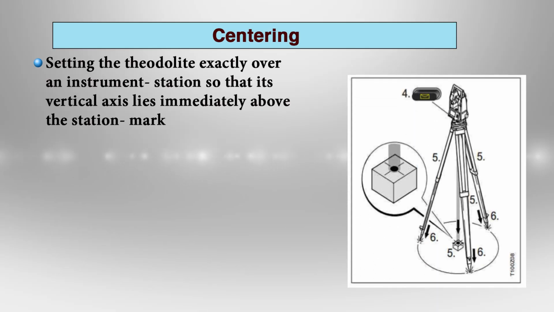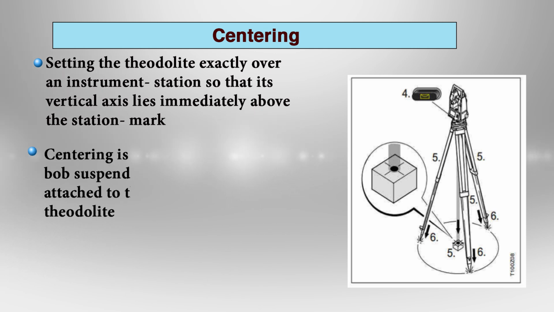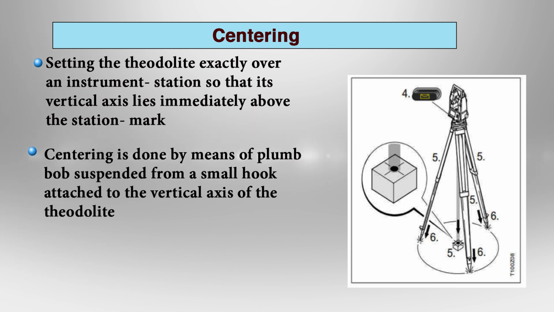Centering means setting up the theodolite exactly over the instrument station, so that its vertical axis lies immediately over the station mark. It can be done by means of a plumb bob suspended from the small hook attached to the vertical axis of the theodolite. If you see the components of the theodolite, a small hook is present at the bottom of the theodolite.